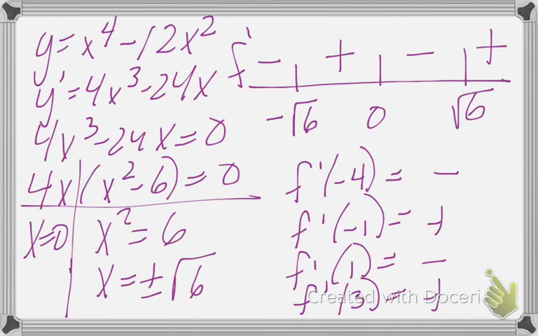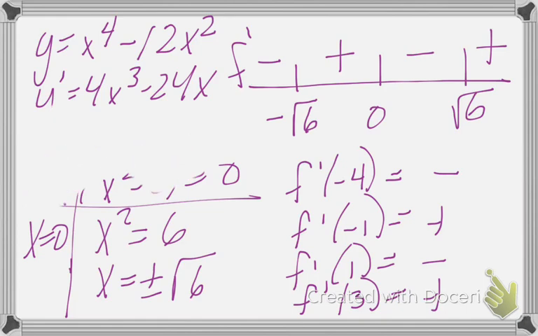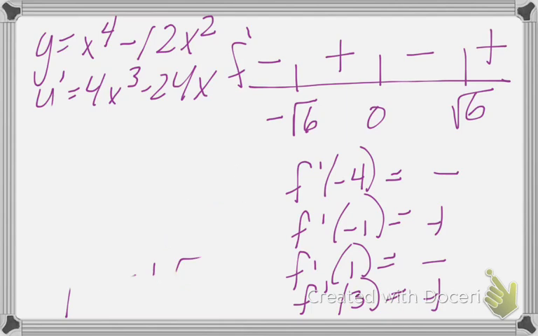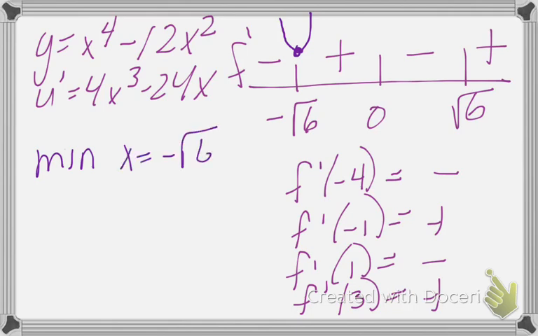Okay, so I'm just going to erase this work over here, just to make some room. I'll change colors. And what have I discovered? That it's going from negative to positive, so that means there is a min at x equals negative radical 6.